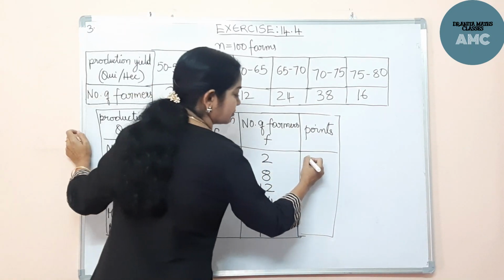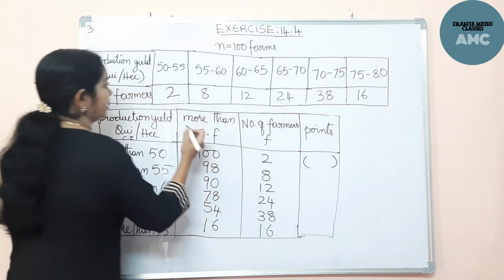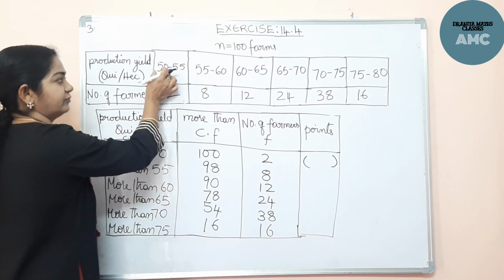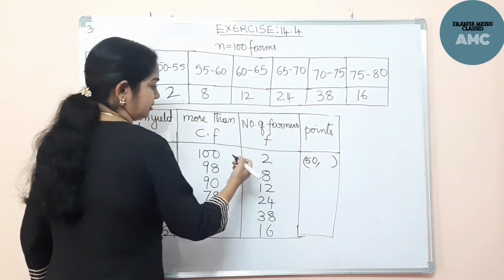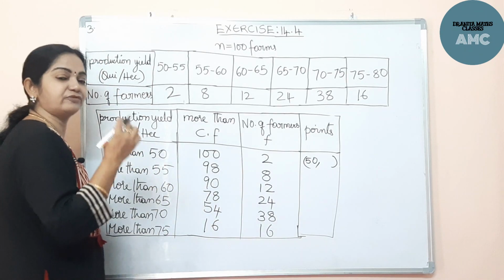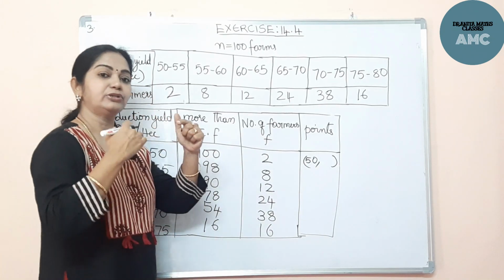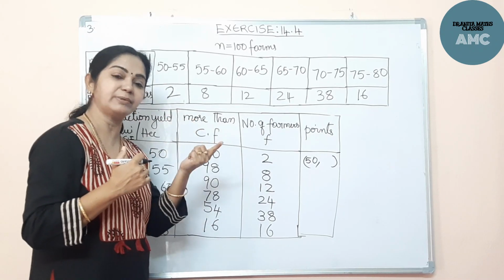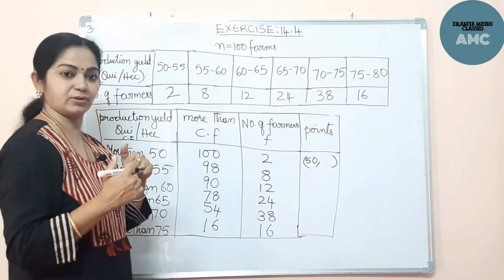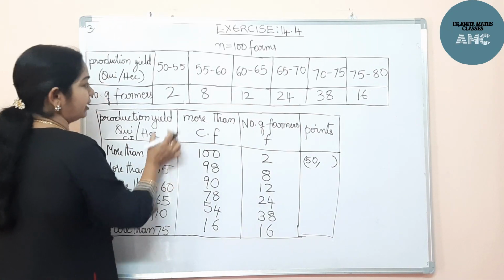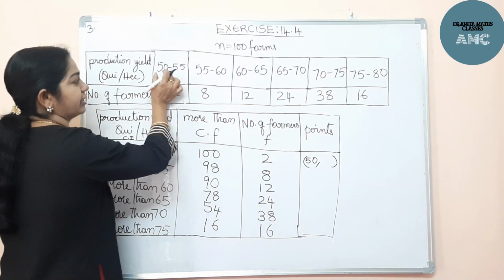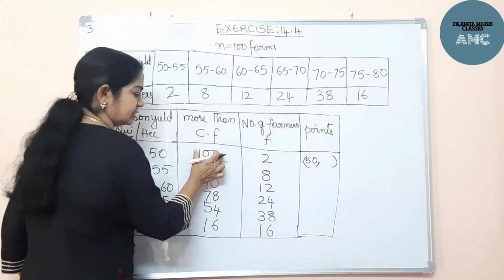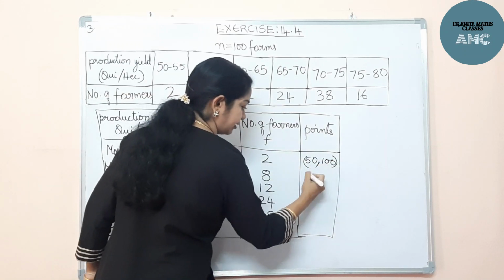The lower boundary for more than 50 is 50, since the class is 50 to 55. Children, remember that for the less than type curve you take the upper bounds, and for the more than type curve, the opposite, you take the lower boundaries on the x-axis. So the point is 50, 100.